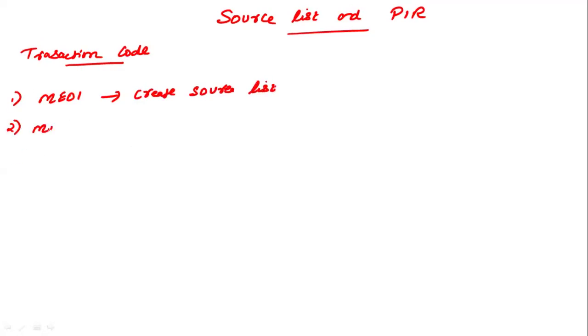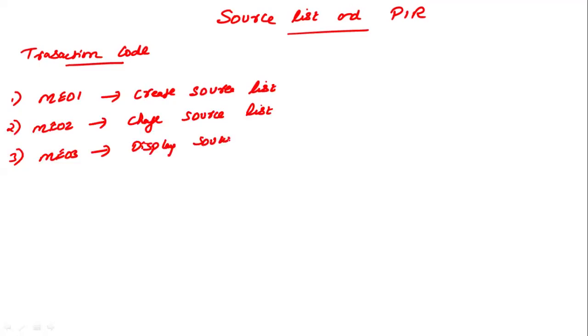Then you have ME02 to change the source list, and ME03 to display the source list. But most consultants will not use all these transaction codes. They will use only one transaction code to create, change, and display, because using this one transaction code we can do all the activities.